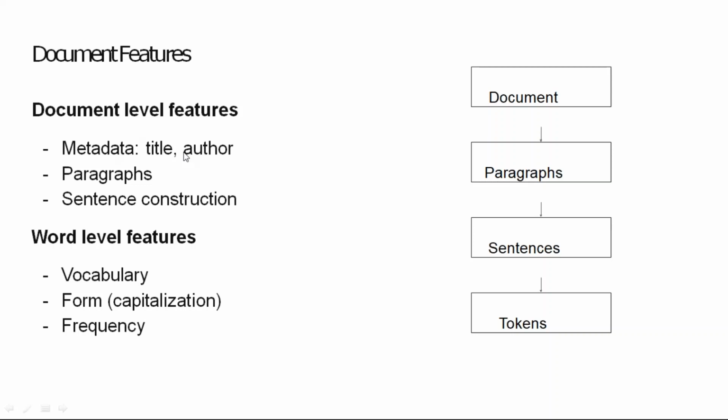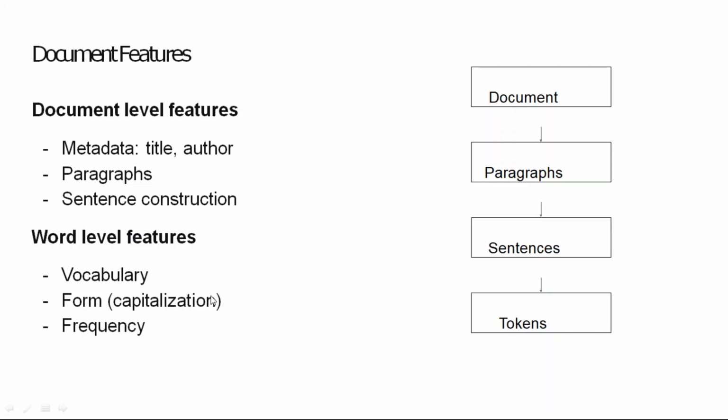For example, say my data set has a set of attributes like title, author name, text, label, unlabeled data, whatever it may be, a collection of features. So that metadata, or the paragraphs or the sentences, at the document level, these things will be considered as the major features. But when we consider the word level, we will consider vocabulary, frequency, forms, and tokens.